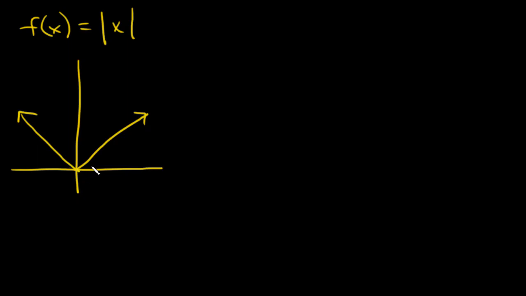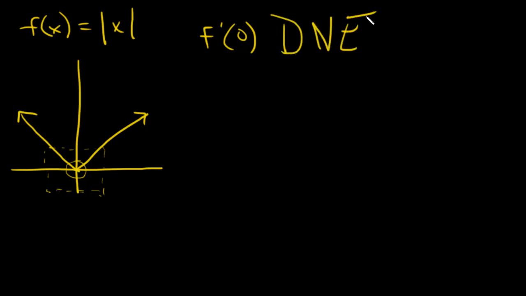Now, is there some sort of minimum value located right here? As I zoom in to that location, the answer is, which you probably recall way back, I think I mentioned this once or twice, f prime at 0, the slope of this function at x equals 0, does not exist.